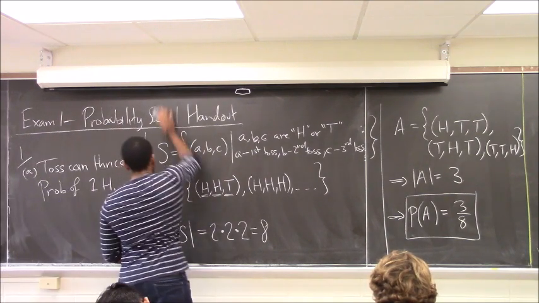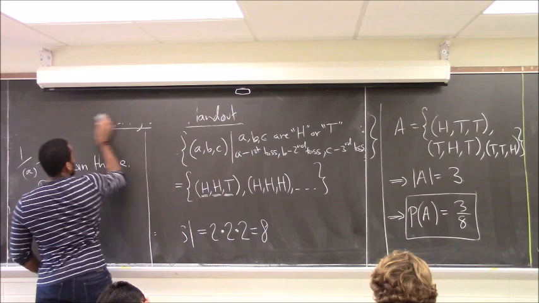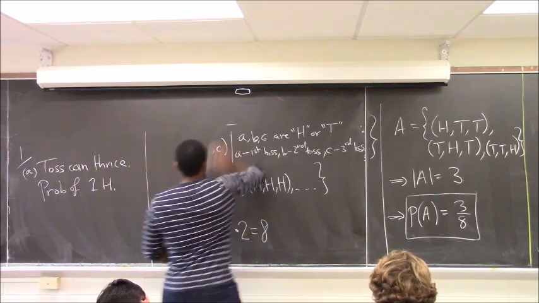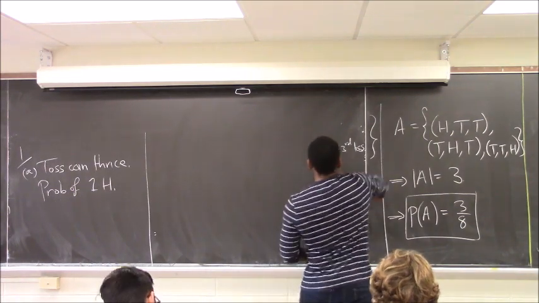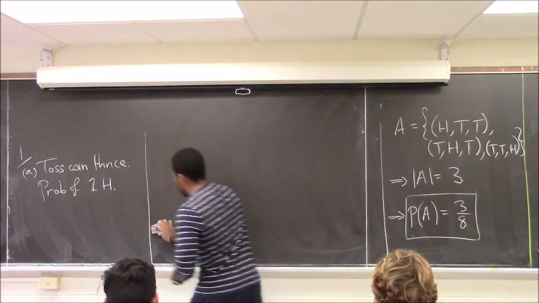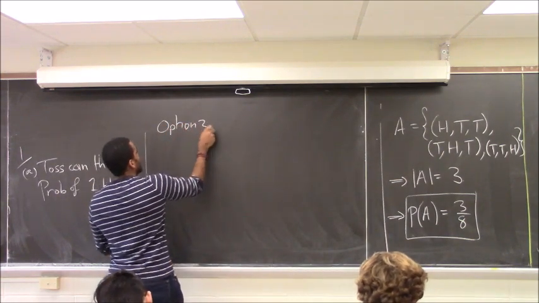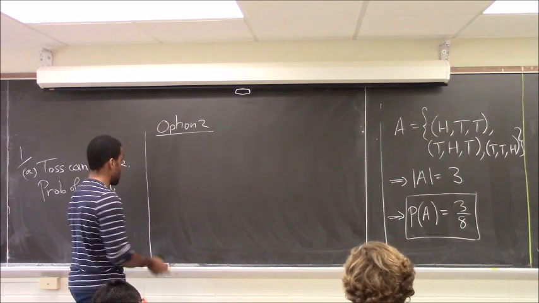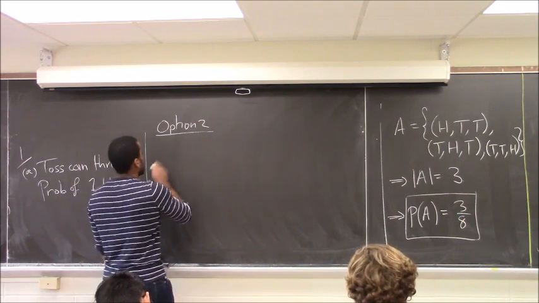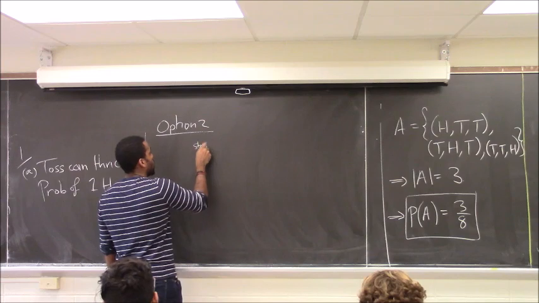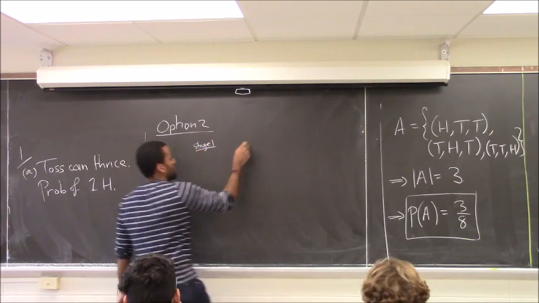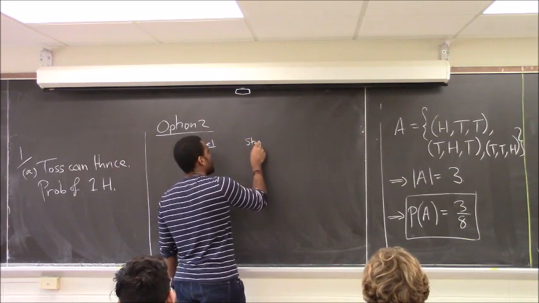Here's another way you could have done it. So maybe you don't like thinking in coordinates. You could have instead, option 2, think of it as a tree diagram with stages. So you have stage 1, which is the first toss. You have stage 2, which is the second toss.